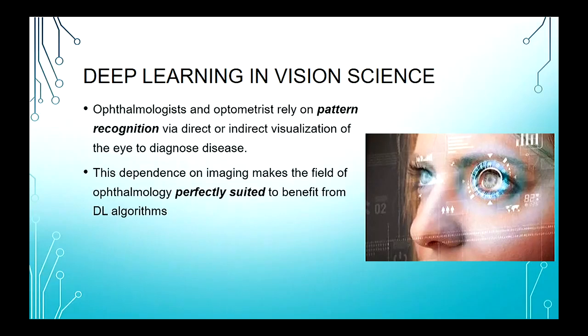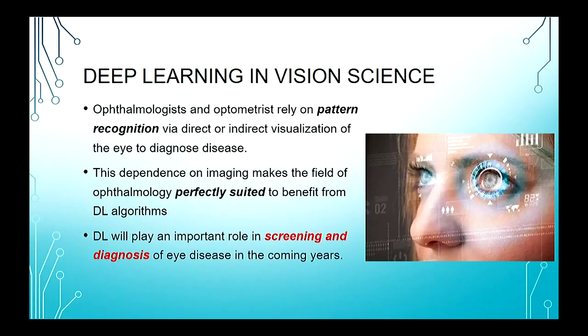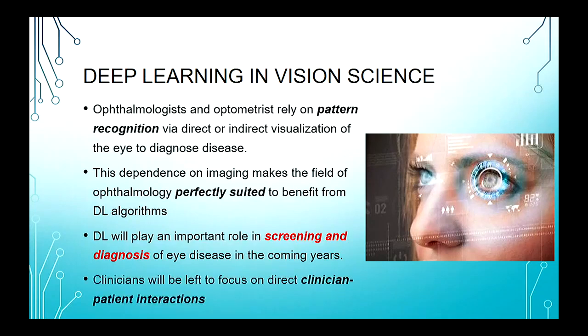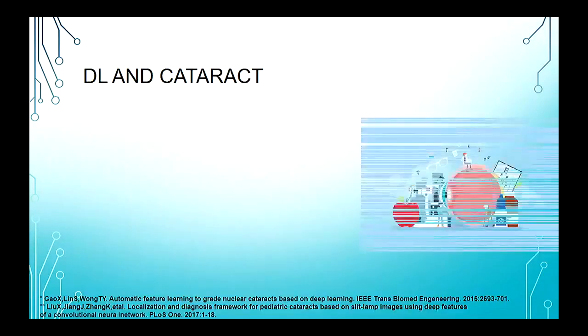That's really good for any deep learning algorithm, because, as we said, deep learning is good at pattern recognition. So the idea is that if we implement deep learning as a screening and diagnosis tool, then the clinicians can focus more on patient interaction. That's my personal belief, and I think that's where the field is going. We will see how this develops through the lecture.